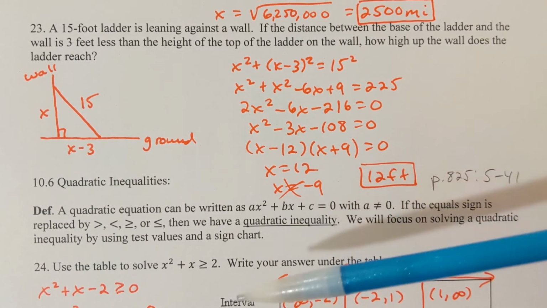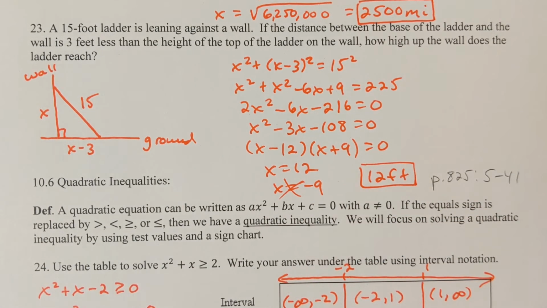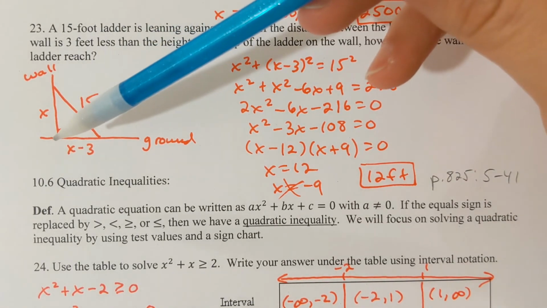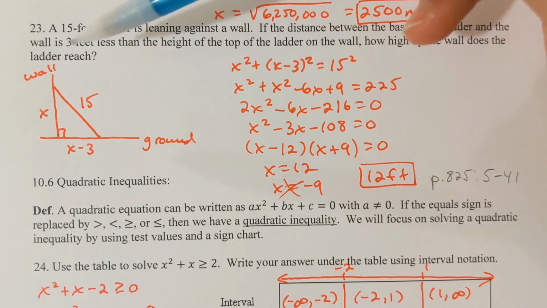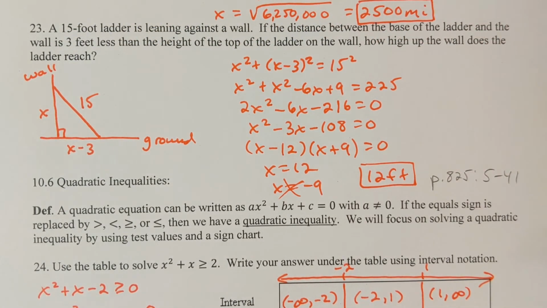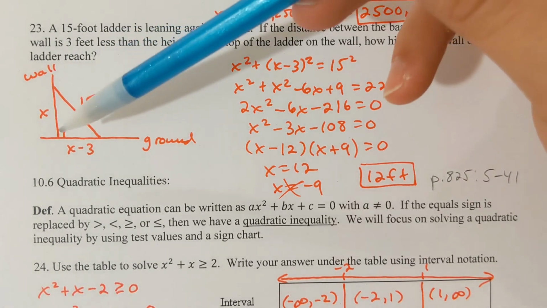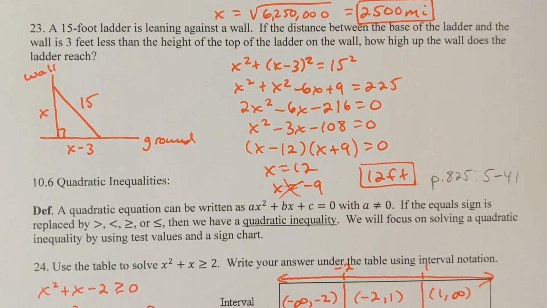Now, you would assume in this problem that you've got a right triangle. Assume that the building is standing straight up vertically, not leaning or going to fall over or something weird like that. So I have a right angle, creating this right triangle, and I want to find x. So I can use the Pythagorean theorem.